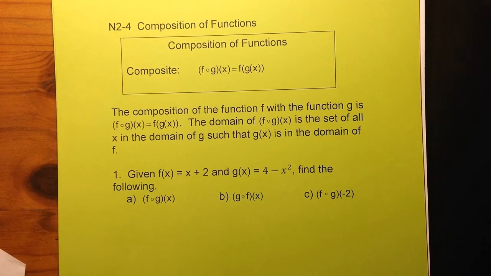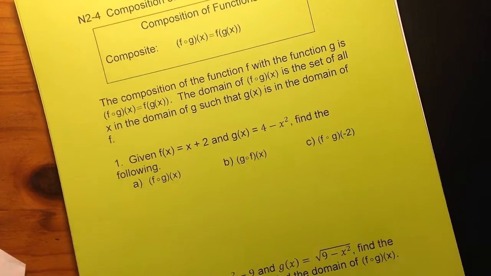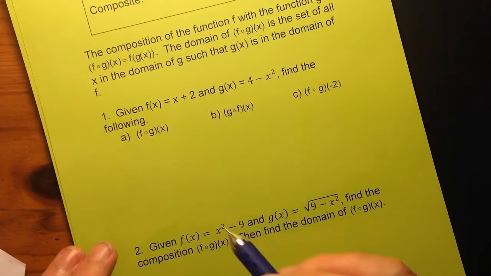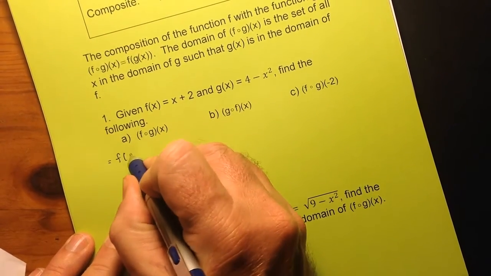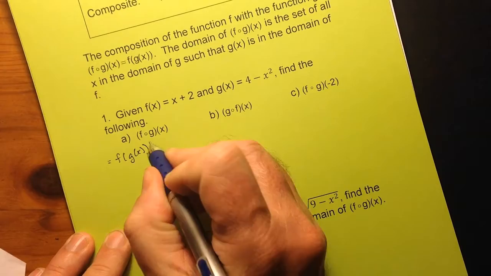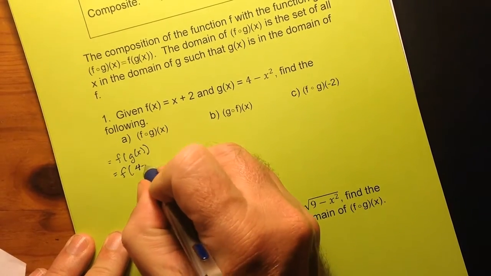Number 1, given f of x equals x plus 2 and g of x equals 4 minus x squared, find the following. First thing we want to do is f circle g of x. Okay, so I know that this means f of g of x. My g of x is 4 minus x squared.